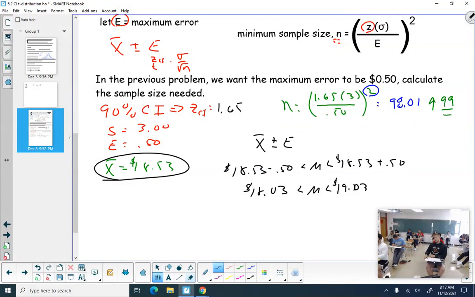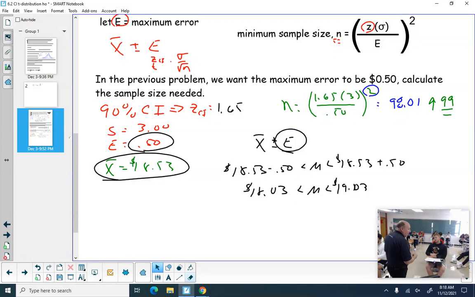So we want our confidence interval for our population mean to be anywhere from $18.03 to $19.03. That's what we're doing with respect to this error and saying this error is 50 cents. Okay, we want our range of values here to be between basically $18 and $19.